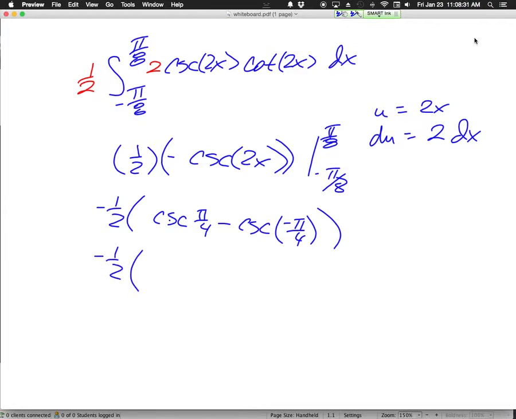Okay, what's cosecant related to? Sine. What's sine of pi over 4? 1 over the square root of 2, so that means cosecant is square root of 2. And what does this negative do to me? It makes it negative as well. So we end up with a negative 2 square root of 2 over 2, which is just negative square root of 2.